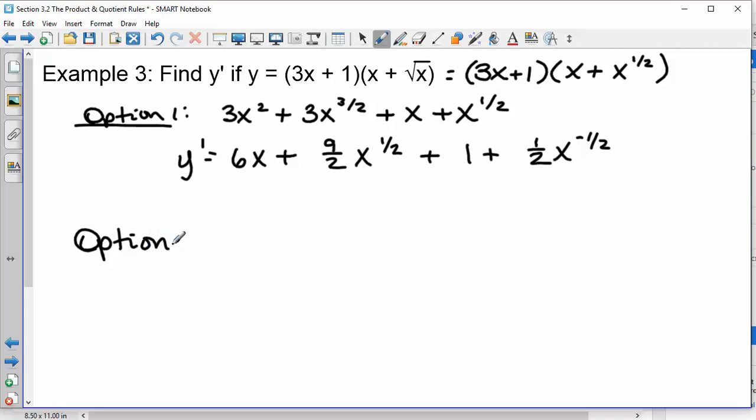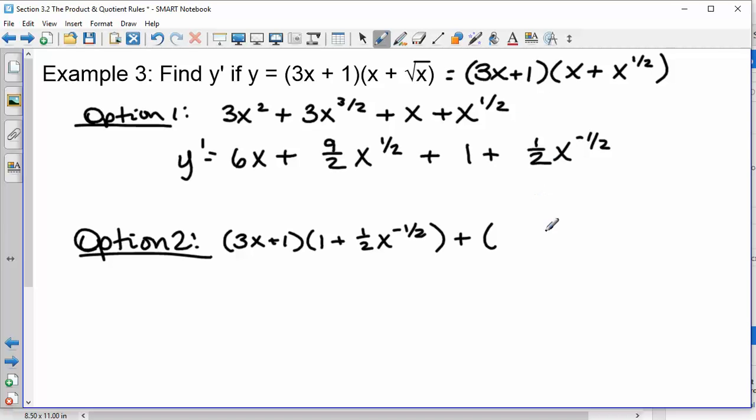Option two is the product rule. So you do one derivative at a time. So I'm going to keep the first one the same, times the derivative of the second, which would be 1 plus 1/2 x to the negative 1/2, plus the derivative of the first, what's the derivative, times the second.